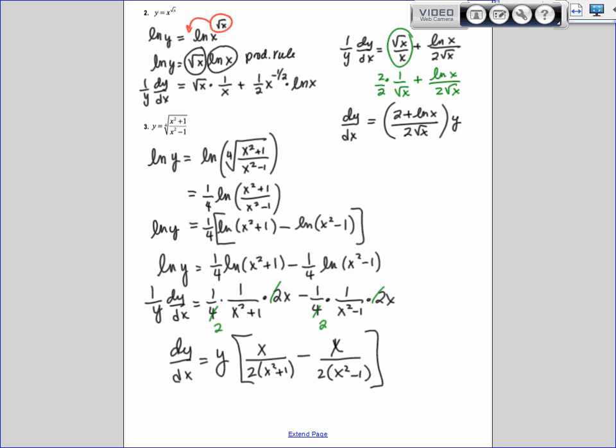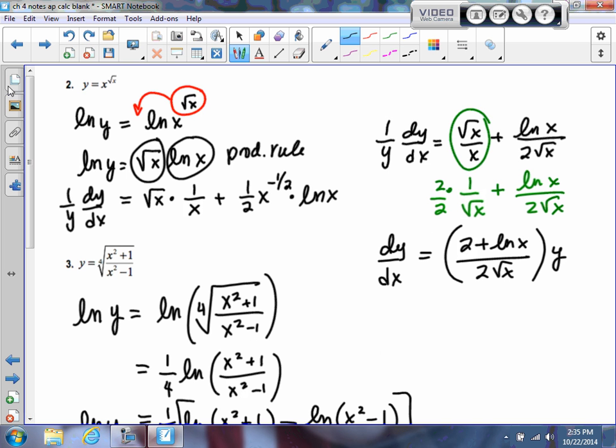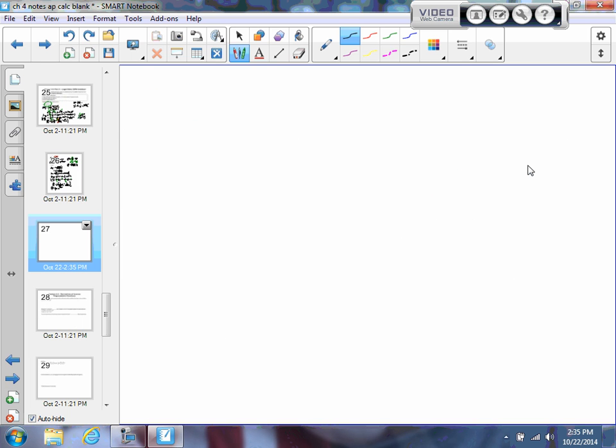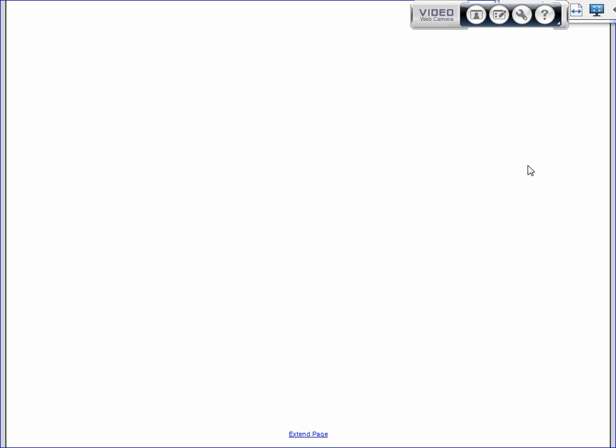So what about if I had a number 4? I don't have a number 4, do I? y equals x to the sine of x. I'm going to add a page. y equals x raised to the sine of x.